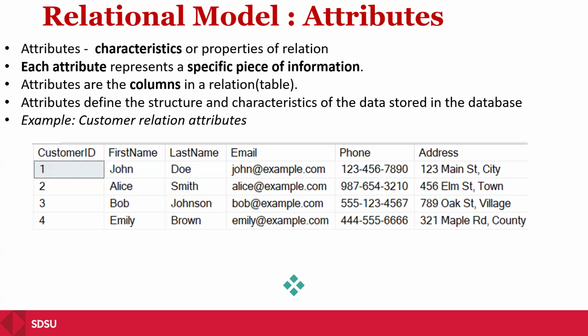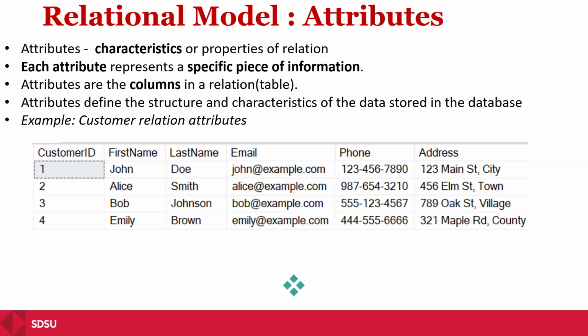Each attribute holds a specific value or a specific piece of information. Attributes in the relational data model are columns in a specific relation, and they store certain pieces of data.